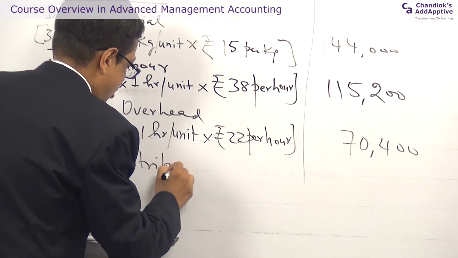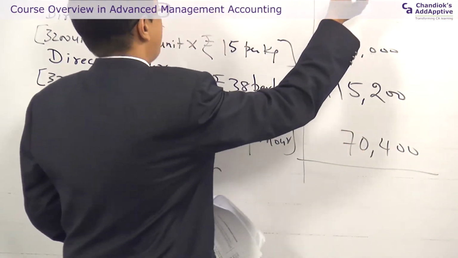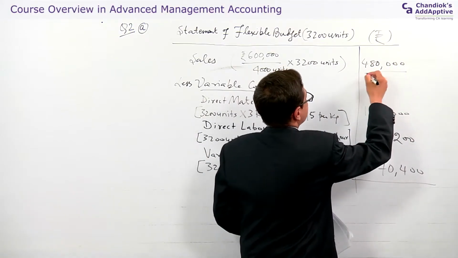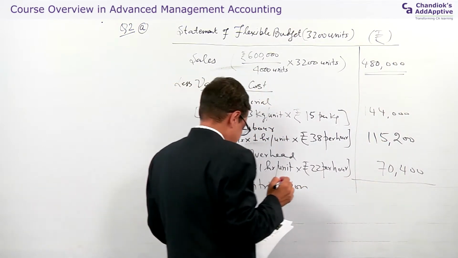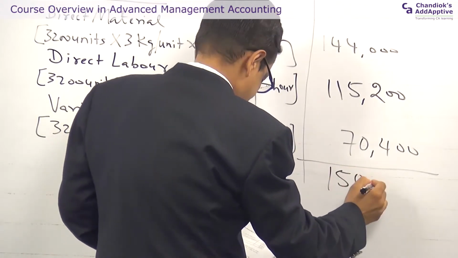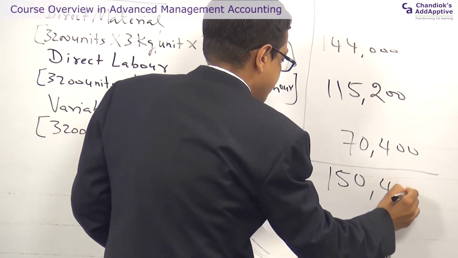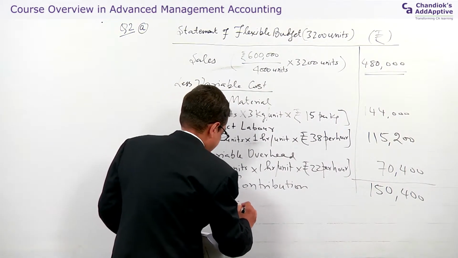So what is the contribution? Sales minus variable cost. The contribution comes out from 4,80,000; you subtract all these elements, and what you get? You get a figure of 1,50,400. Less fixed cost.